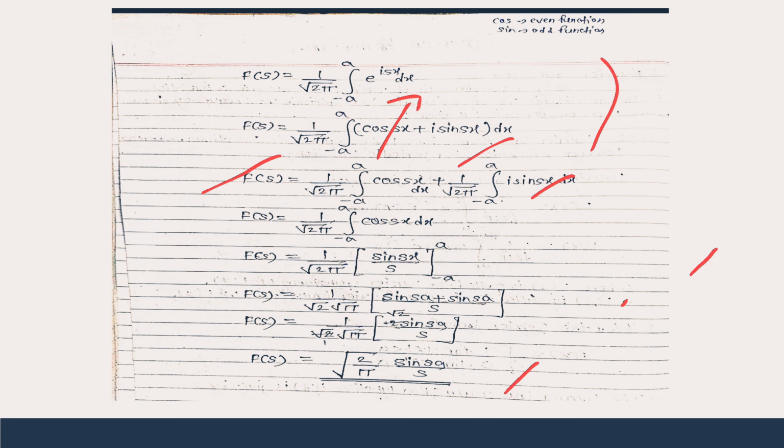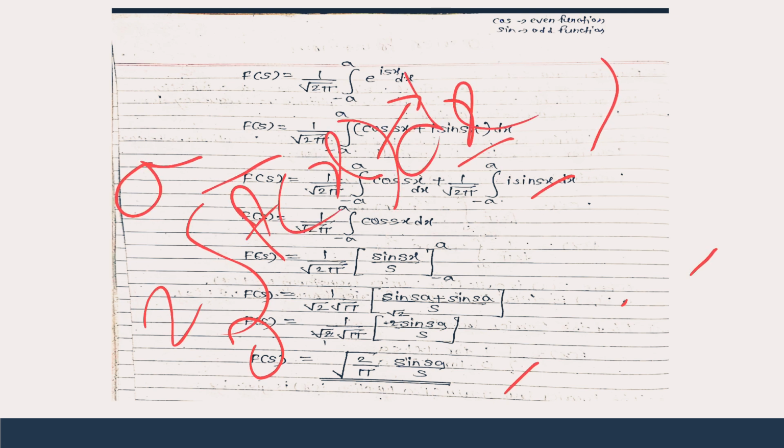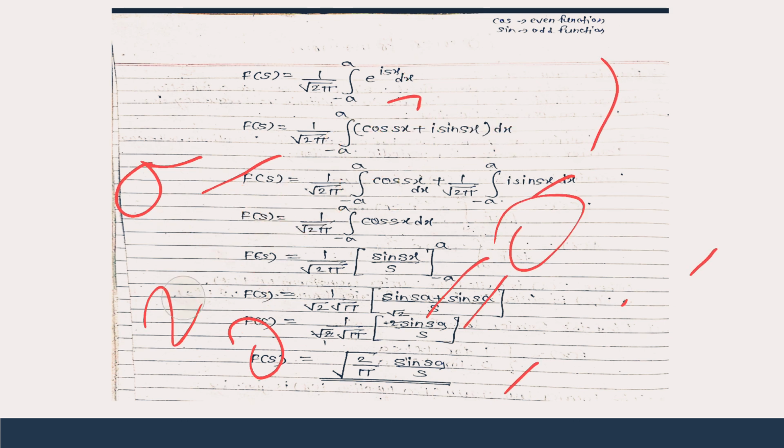In 12th we already saw that for an even function we denote this by 2 times integration from 0 to a of f of x dx, and if we have an odd function, then we directly write it equals to 0. So in this case, sine is an odd function, this we already saw in Fourier series, and cos is an even function.